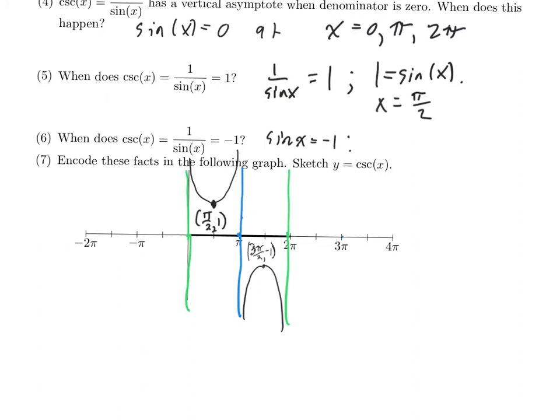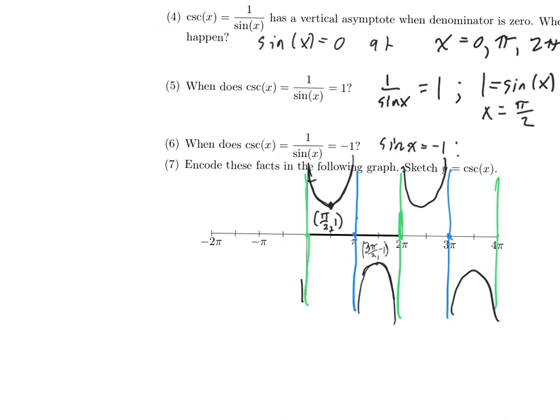So take this, shift it to the right by 2 pi. Take this line, shift it to the right by 2 pi. Take this bowl, shift it right by 2 pi. Take this mountain, shift it right by 2 pi. And shift left by 2 pi.